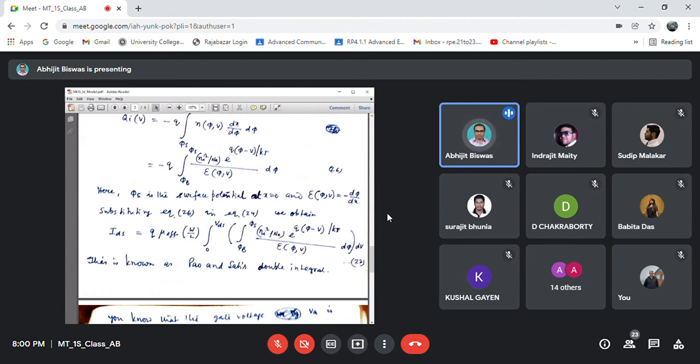Then we have neglected the current due to holes. We have neglected the generation recombination currents. This is true for silicon, but if we consider any other semiconductor where the generation recombination of carriers is much higher, then you need to take into account those effects as well.